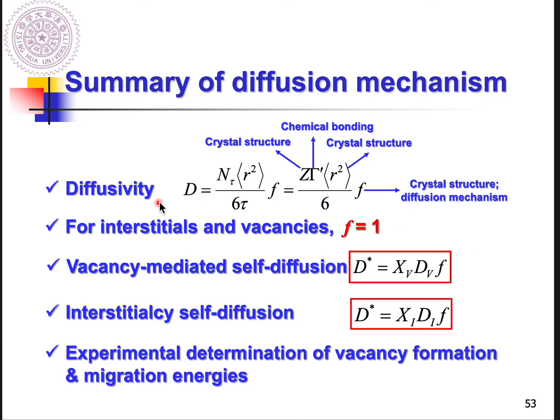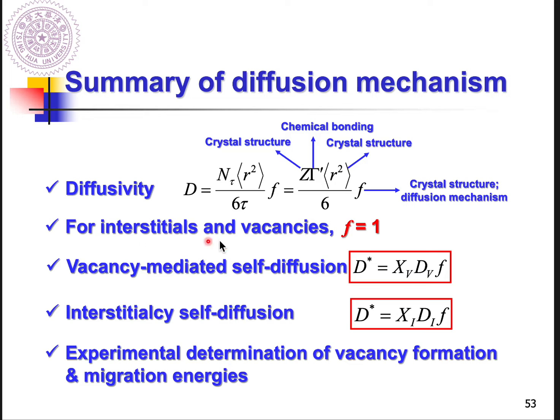Based on the quantum mechanics idea, and also based on the radial probability method, the diffusivity can be expressed as the total atomic jump rate times the mean square jump distance divided by 6, times the correlation factor F. F is related to crystal structure.